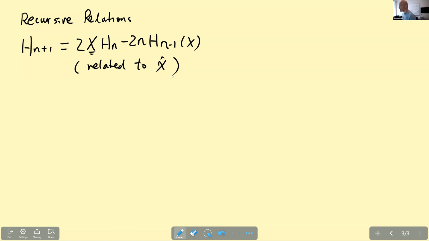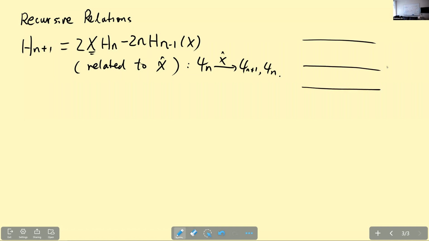So that means more or less you can say that for psi_m, if you apply this operator, you're going to get 2 terms. If you apply this x on this Hermite polynomial, you can get H_{m+1} and H_{m-1}. So that means you get the states psi_{m+1} and psi_{m-1}, right? So this is something that we're going to use quite a lot. If you have a state right here, this is psi_m, and then you apply this x.